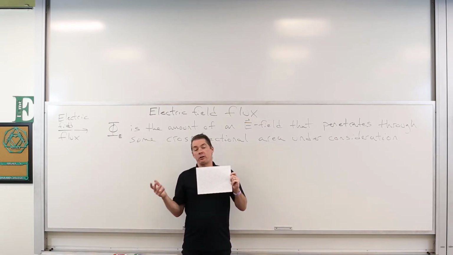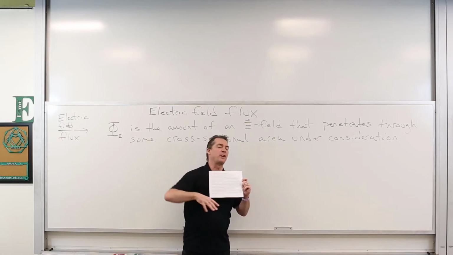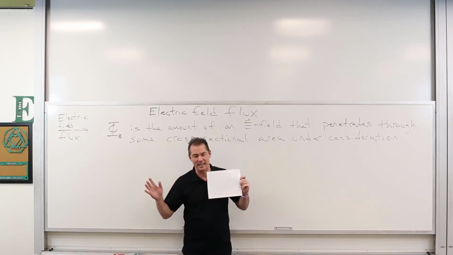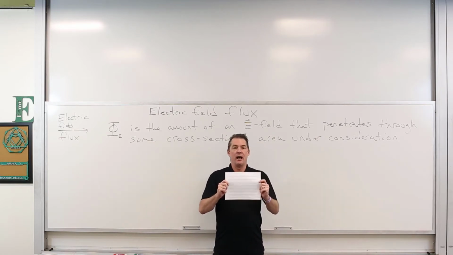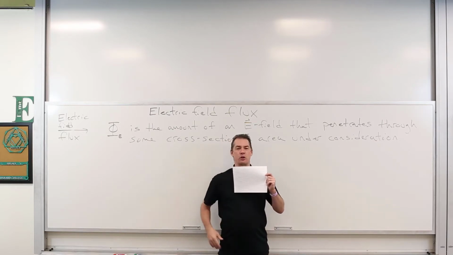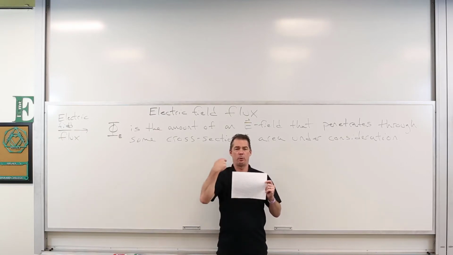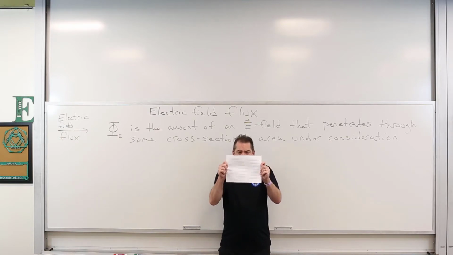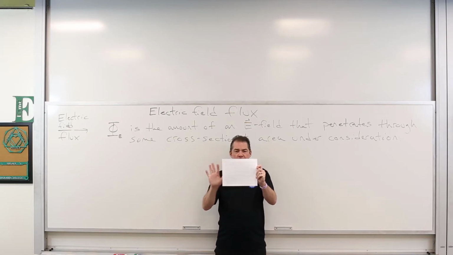And we'll also consider that there's an electric field in this room that is pointing uniformly towards me and has the same magnitude everywhere. So we've got a uniform, constant electric field pointing inward towards me. And I hold this sheet out like this, such that the plane of the sheet is completely perpendicular to the electric field. And I say, what is the electric field flux through this sheet?